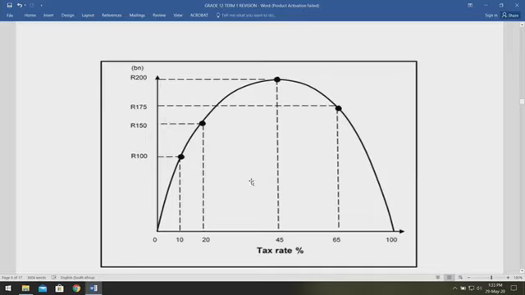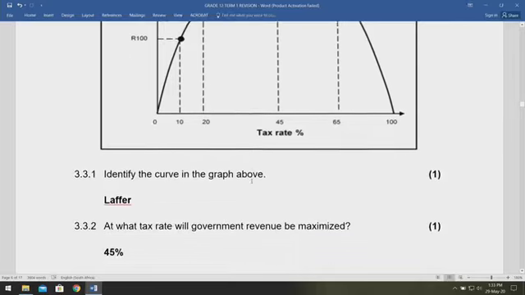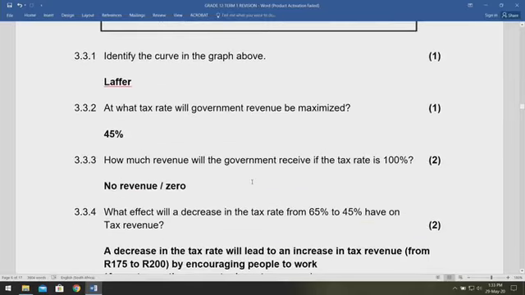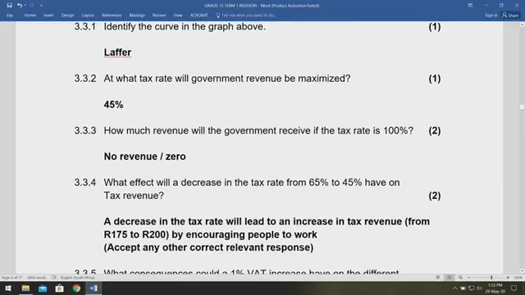So you can say they'll be earning 25 billion more, or however you want to answer that. But the main thing is that you have to mention that there's an increase in tax revenue for government. That's what we're looking for, okay? But you can't just say increase in tax revenue. Then you're only going to get 1 mark. You've got to explain that, okay?